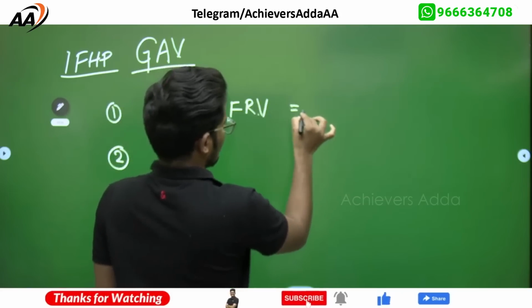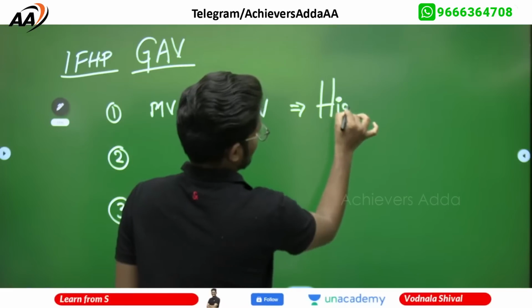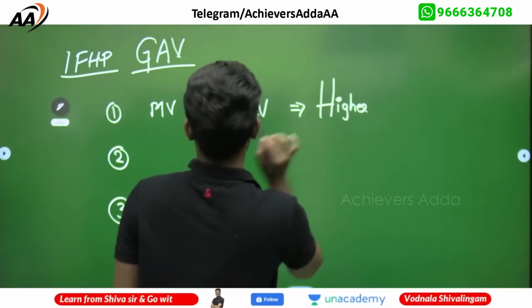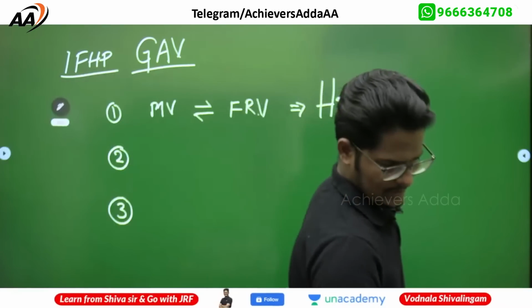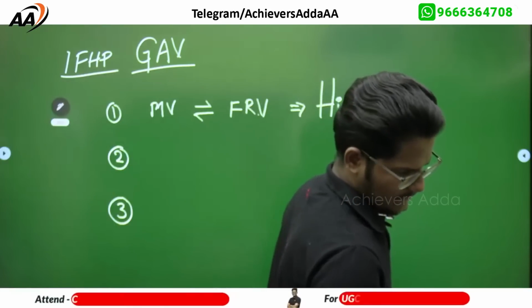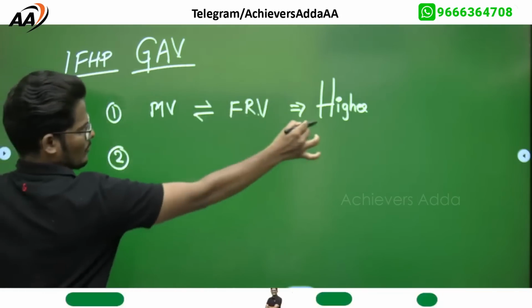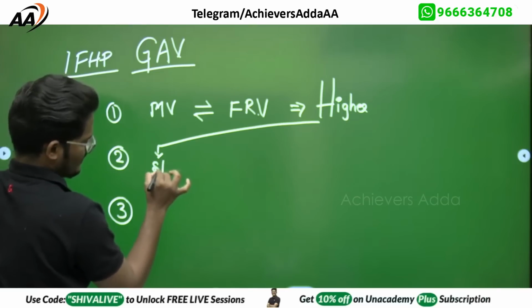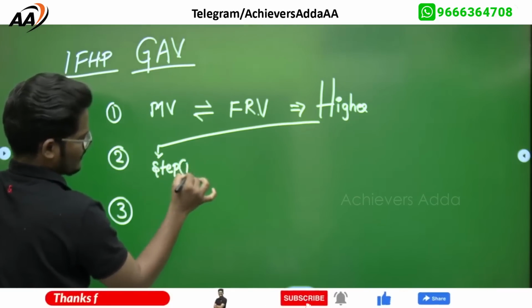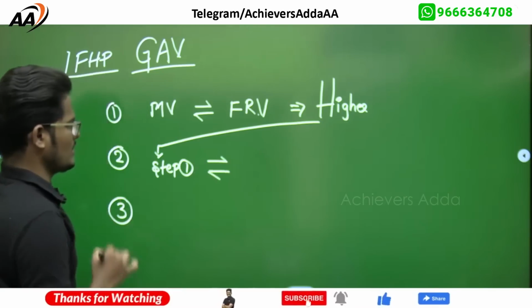First, this municipal value will be compared with a fair rental value. Then you need to pick up whichever is higher of this municipal value and fair rental value. After that, take that higher amount, the value of step number 1 outcome, and compare it with what?